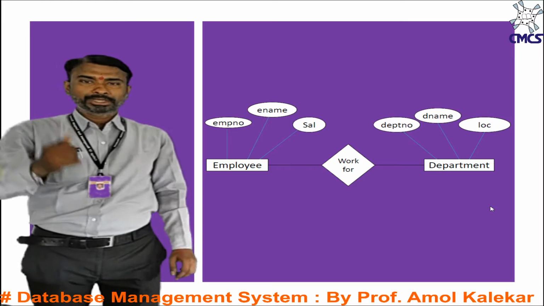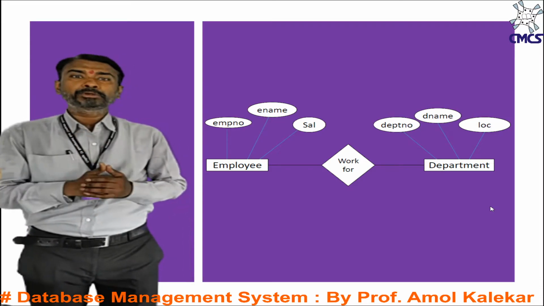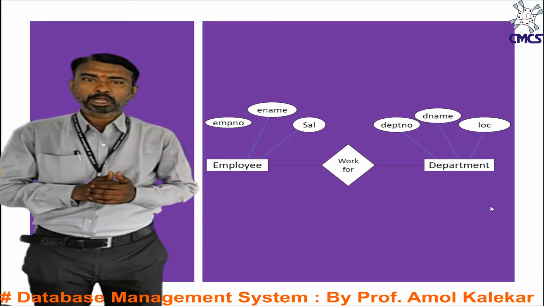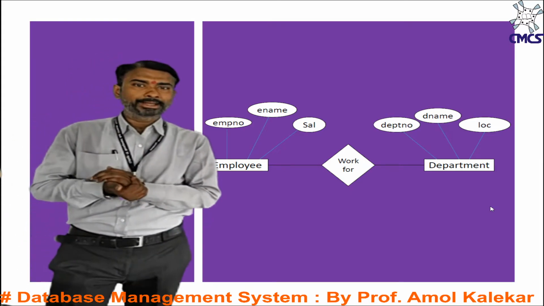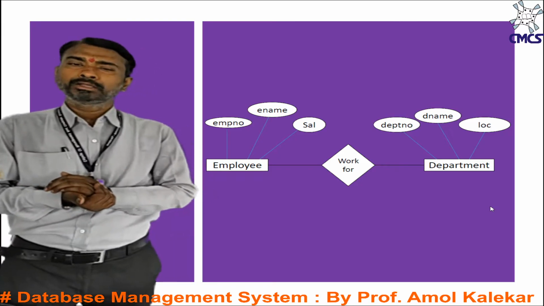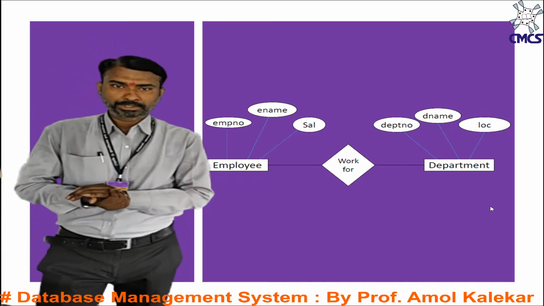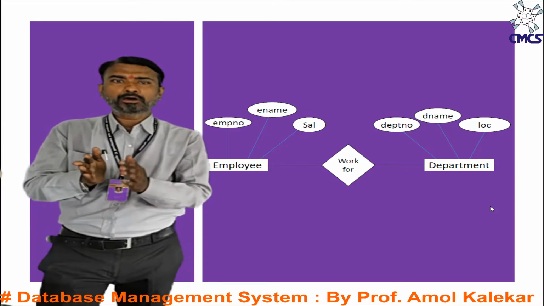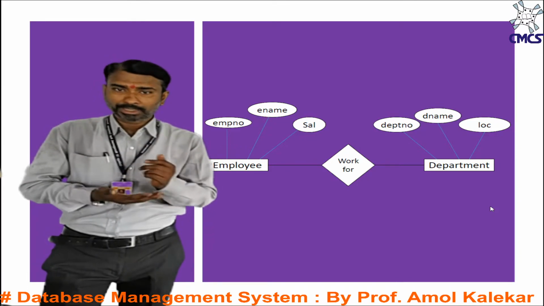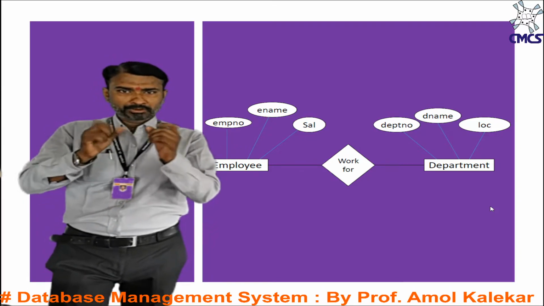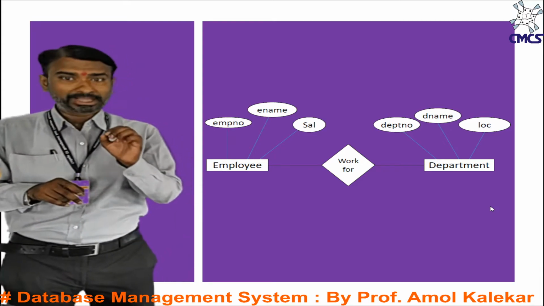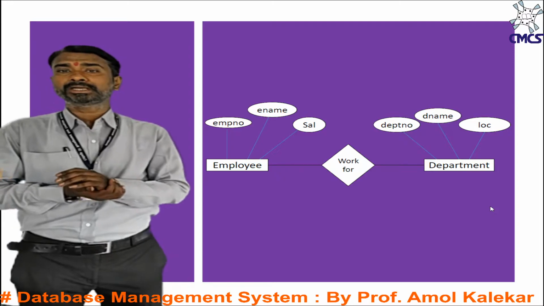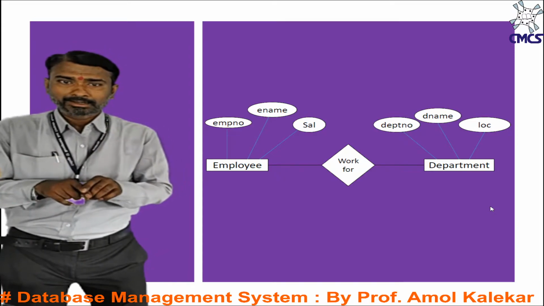Now you can see over here the relationship. We have two entities. First one is the employee along with its attributes, and second one is the entity department along with its attributes. Now an employee always works for a particular department. Now you can see in the figure that entities are always represented with the help of a rectangle.